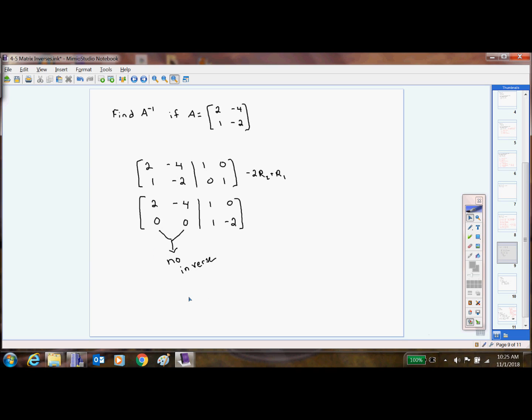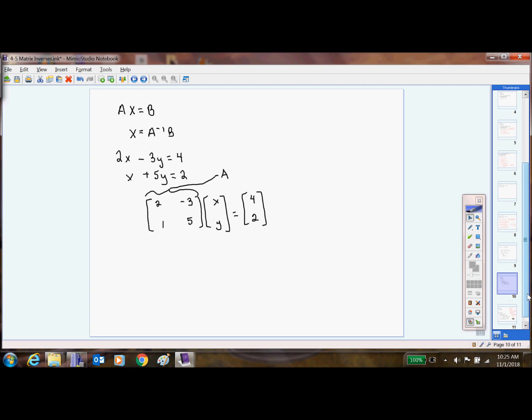We have no inverse in this case because you can't get it in that form where you would show the inverse. So in this case, you would say there's nothing that you can multiply times this that's going to give you that identity matrix 1, 0, 0, 1. So this kills it as far as getting an inverse. Make sense? Okay, making sense.